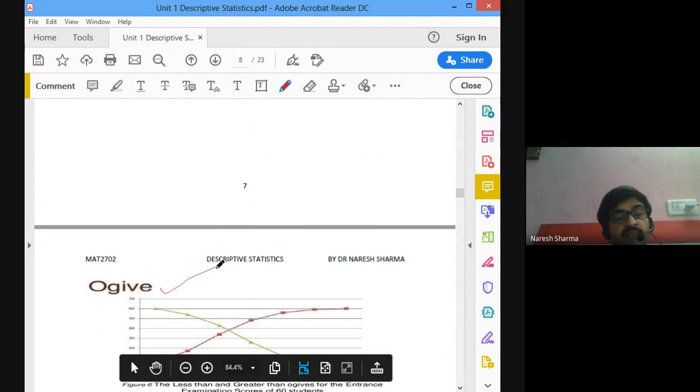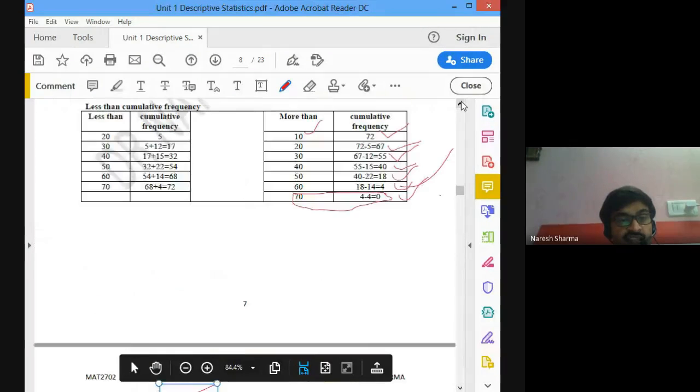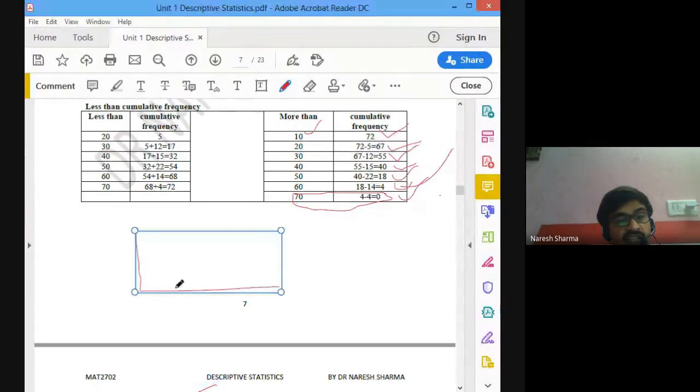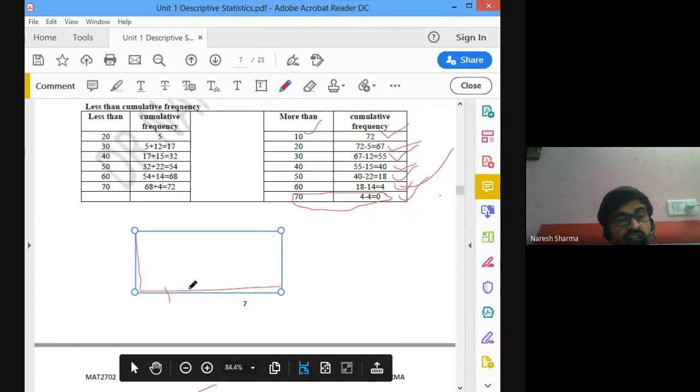By using these two frequencies, we are able to draw the curves. Those are called the ogive, right? So in the ogive, we choose the less than cumulative frequency and also the more than cumulative frequency. In your x-axis, you mark the less than 20, 30, 40, 50, 60, 70, like this.